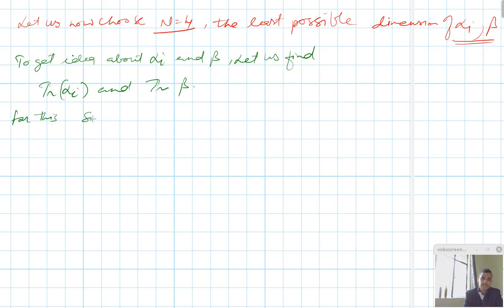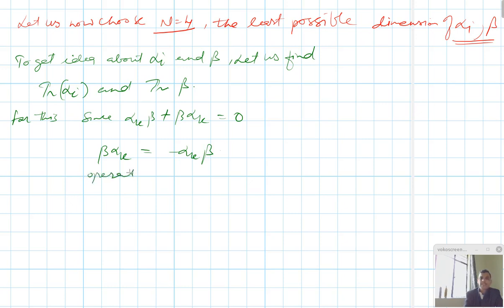For this, consider alpha k beta plus beta alpha k equal to 0. That means beta alpha k is equal to minus alpha k beta.